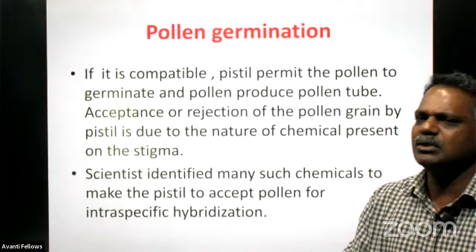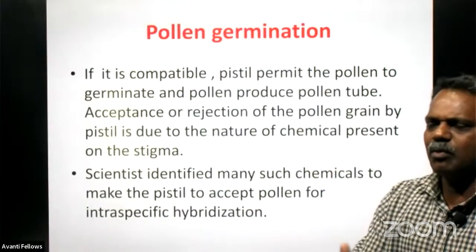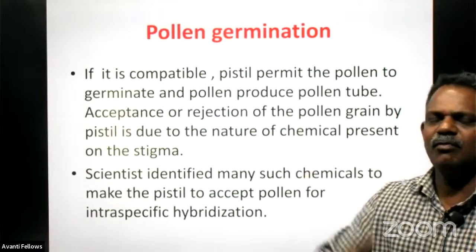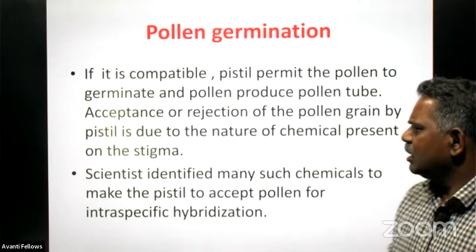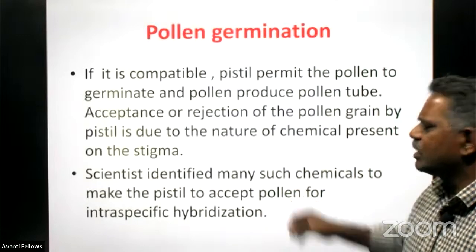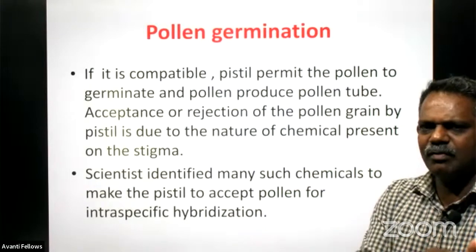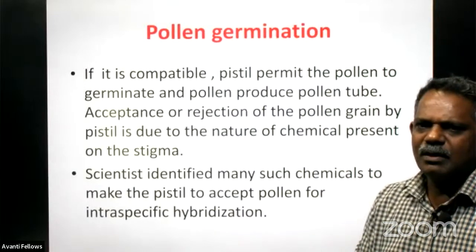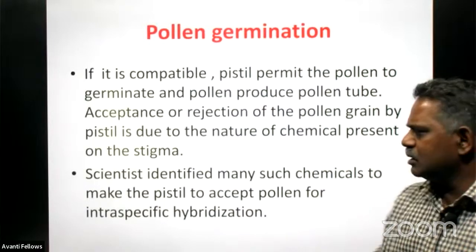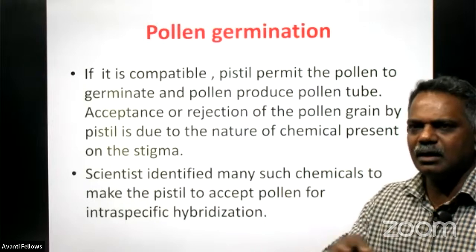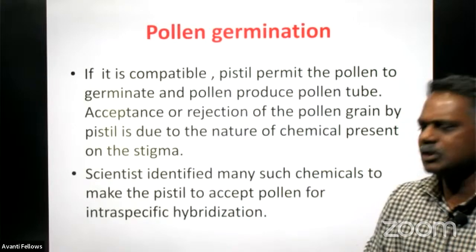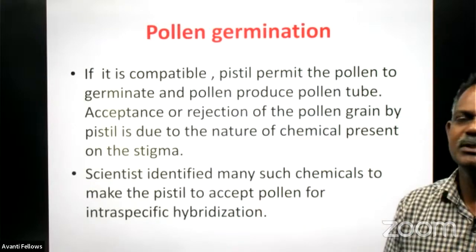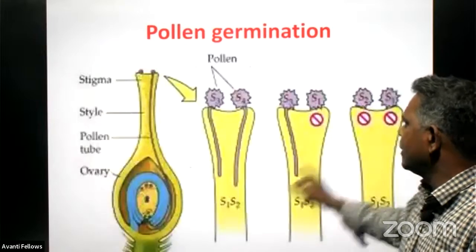Normally it is not possible for pollen grains to sprout on the stigma of another species. But after identifying the chemical nature of the germinating fluid present on the stigma, we can apply it on the stigma region, so we can make other pollen grains sprout on the stigma. That is the hybridization, right?